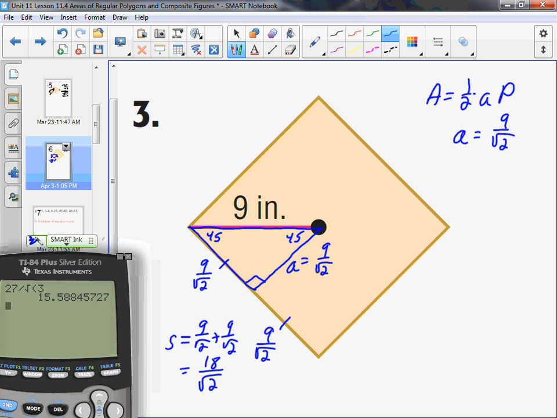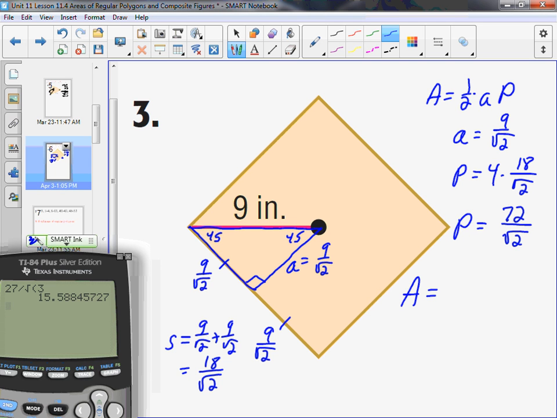If that's the length of one side, the perimeter would be 4 times 18 divided by the square root of 2. Right? 4 sides. So 4 times the length of one side. And what is 4 times 18? 72 divided by the square root of 2. So now we have everything we need. Y'all followed me so far?